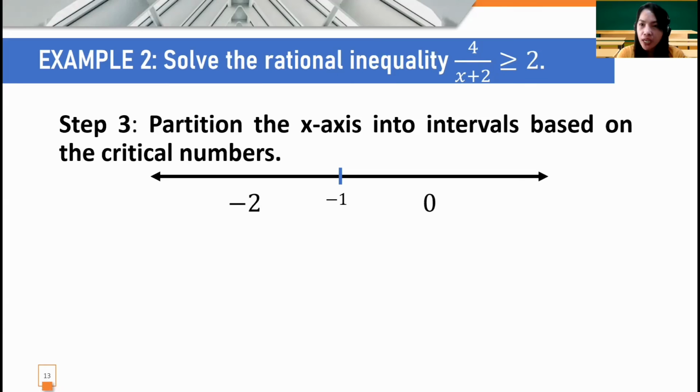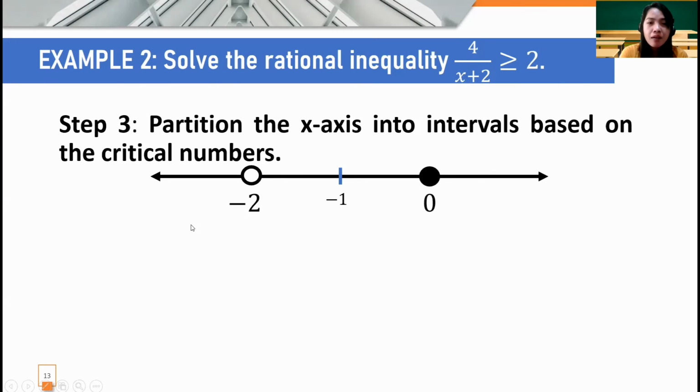Eh hindi siya pwede. Sure na tayo dito na hindi kasali si negative 2 sa solution set because that will make the left side of the inequality undefined. So ang ilalagay natin instead of shaded circle, ang ilalagay na natin ay open circle. At yung 0 wala namang problema, so we're going to use a shaded circle sa tapat ng 0.